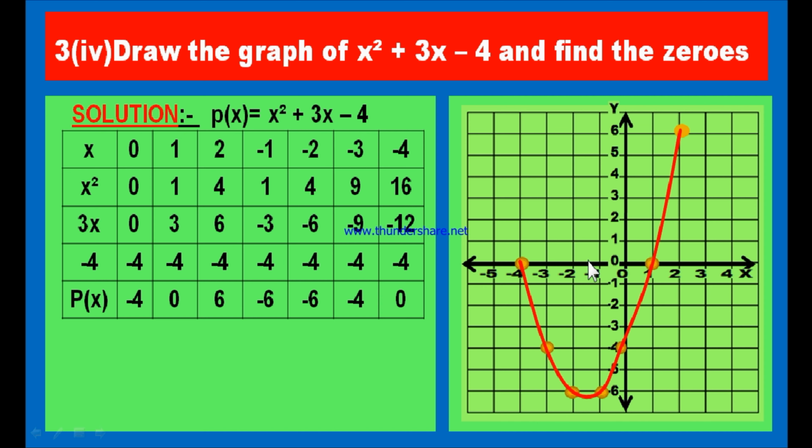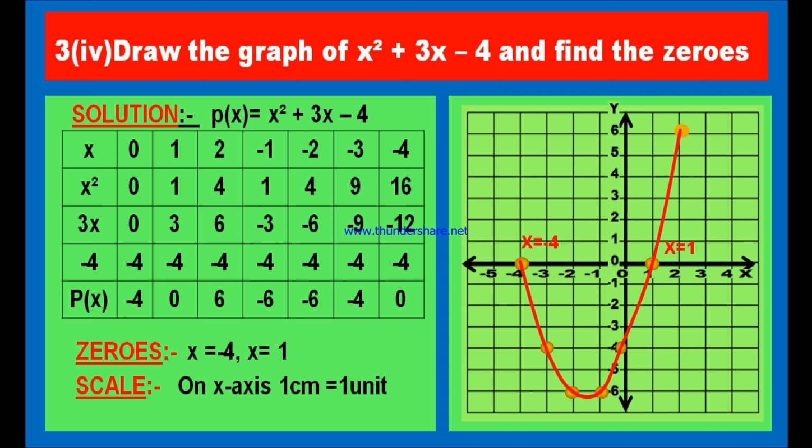Therefore, the zeros of the given quadratic polynomial are plus 1 and minus 4. Zeros of the given quadratic polynomial: x is equal to minus 4 and x is equal to 1. Scale: on x-axis 1 centimeter is equal to 1 unit and on y-axis 1 centimeter is equal to 1 unit.